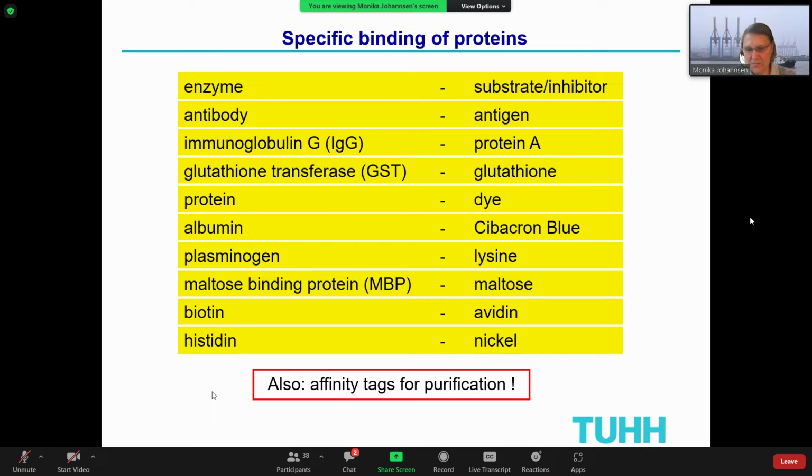So we let our protein react so that we have a certain tag for the protein, and then we have specific separation, and afterwards we could remove the tag again. But this will need some additional steps.